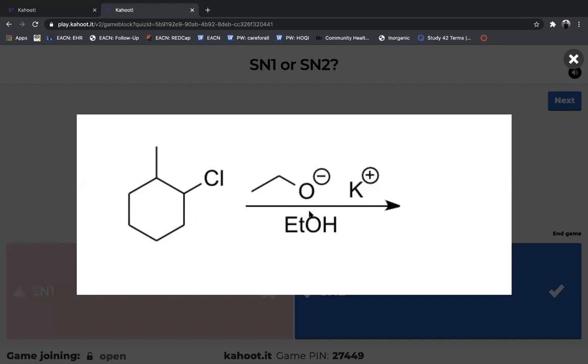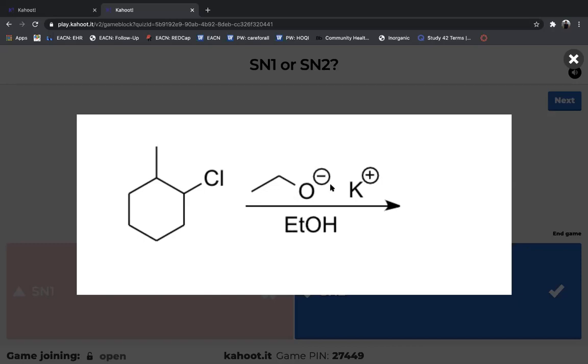Well, every time we have something called an alkoxide anion, so that's what this ethyl O minus is, alkoxide is basically the anion or the deprotonated version of an alcohol. You can look at ethanol, EtOH, so it's 2 carbons and OH.